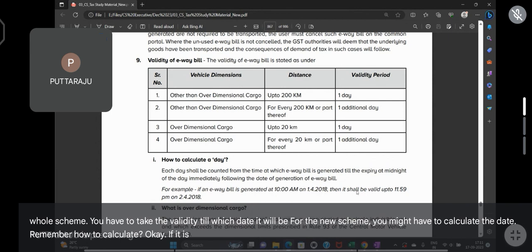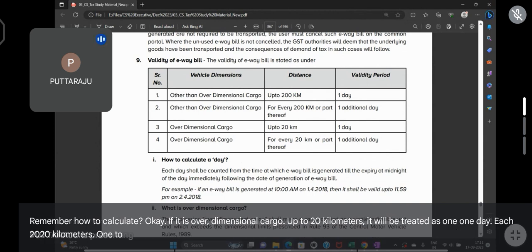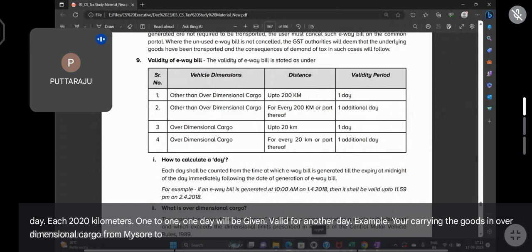If it is over dimensional cargo, up to 20 kilometers it will be treated as one day. For each 20 kilometers, one more day of validity will be given. Example: you are carrying goods in over dimensional cargo from Mysore to Bangalore, approximately 150 kilometers.